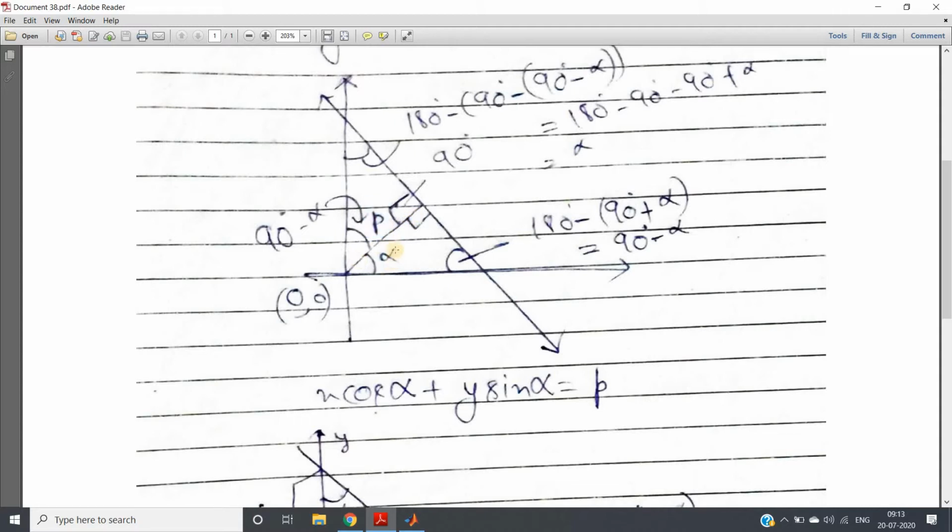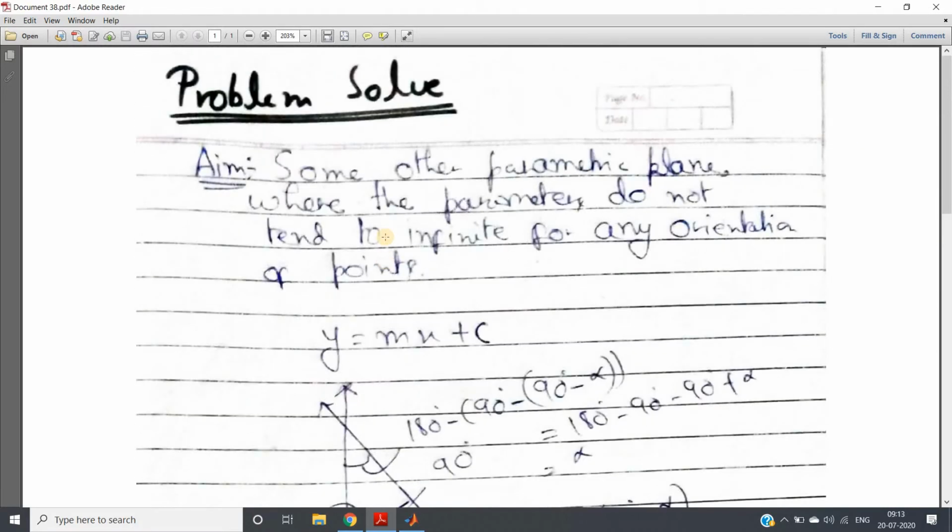Based on these two we will form one parameter space and show how we resolve the problem of the vertical line or infinite slope which we got in the Hough transformation with the slope intercept form.